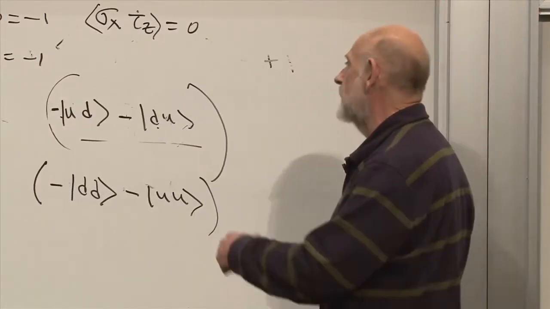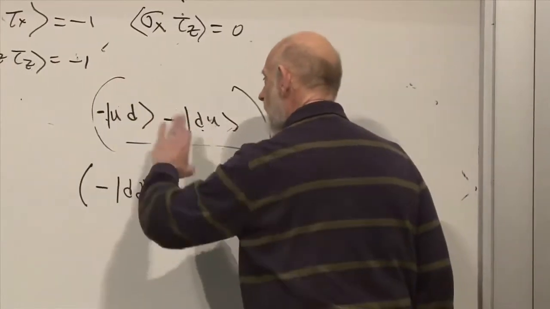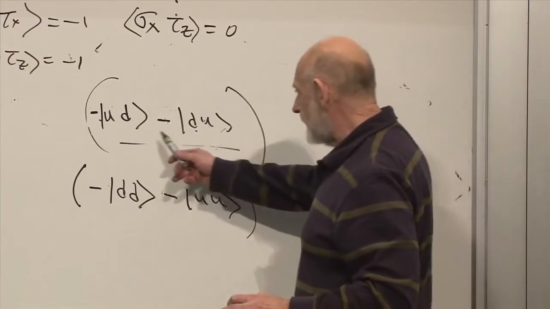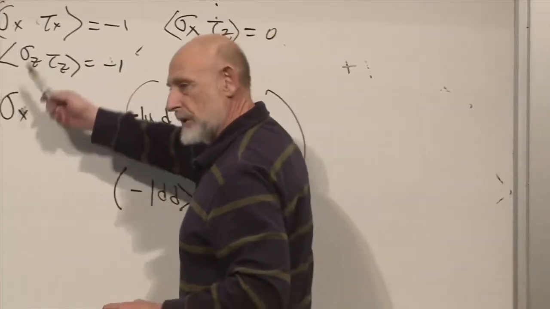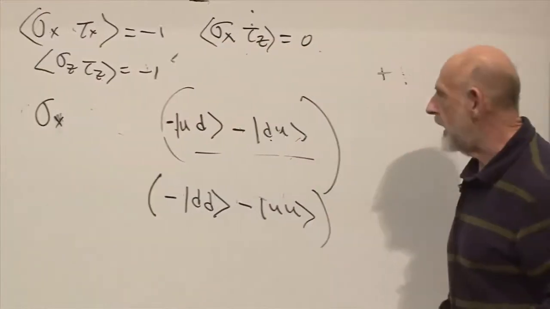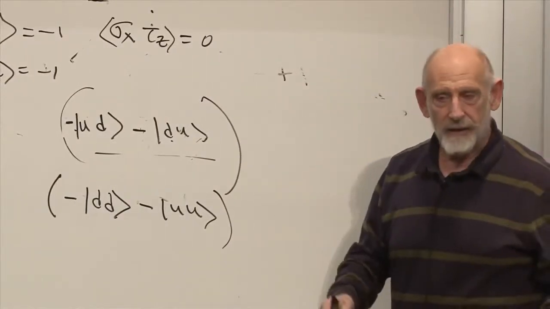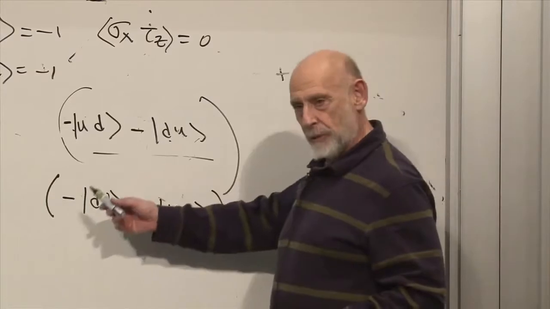What this is telling you, since the product is always equal to -1, in fact, this is an eigenvector of any of these products, is that if you measure any component for one of them, you will get exactly the opposite if you measure the other one.